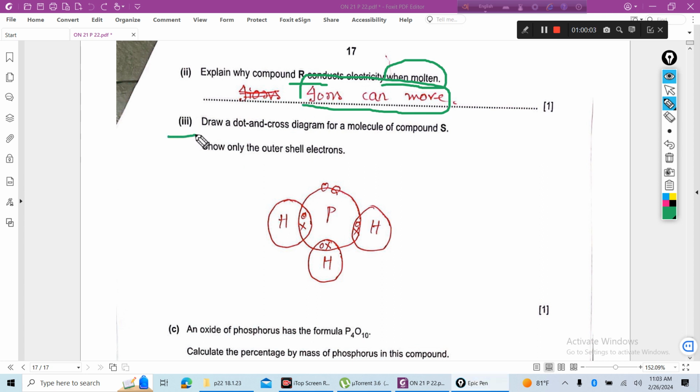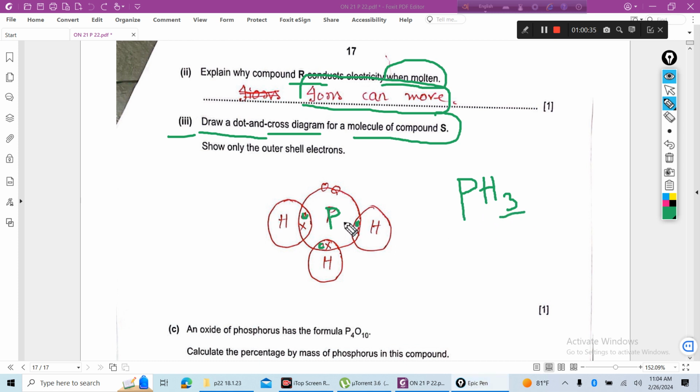Next, draw a dot and cross diagram for a molecule of S. S is PH3, phosphine. So phosphorus here, 3 hydrogen, 1 electron given by phosphorus here, another electron, 3 bonds.